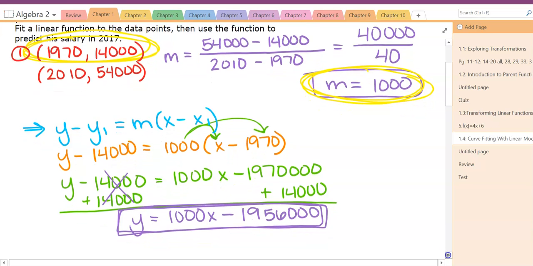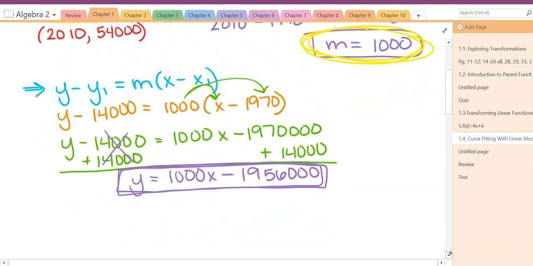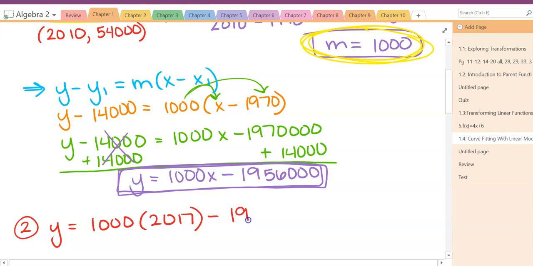So this is going to be step 2. I'm going to use that equation, y equals 1,000, take it times the new year, 2017, and then we're going to subtract that 1,956,000. So you're going to want a calculator to help you do this. So you're going to take 1,000 times 2017 and then subtract.